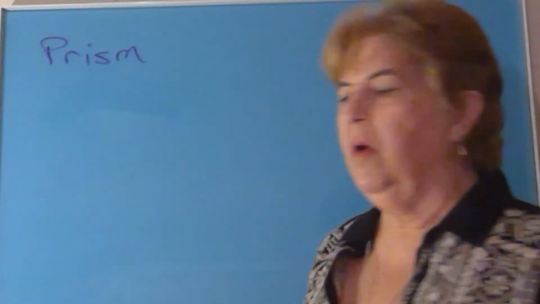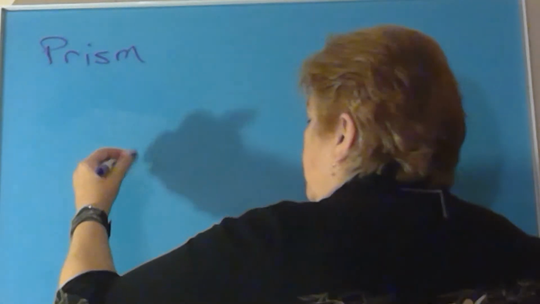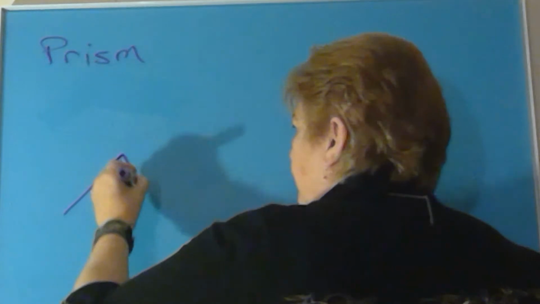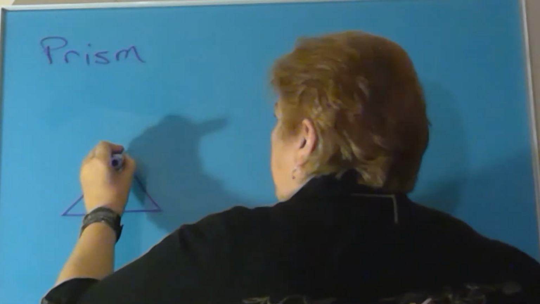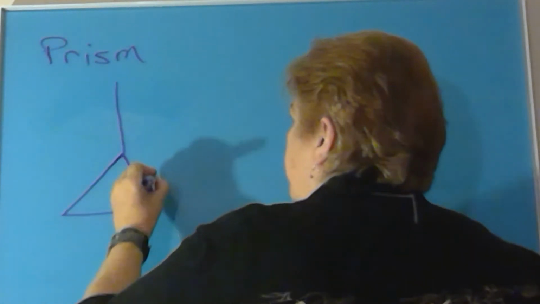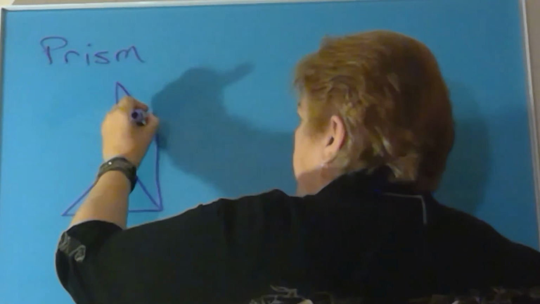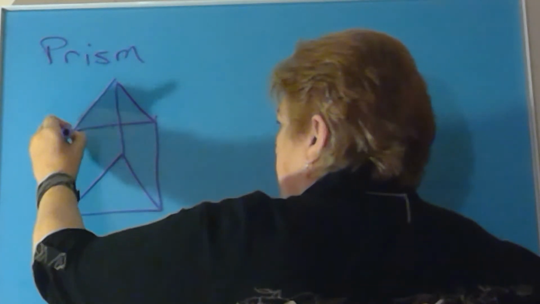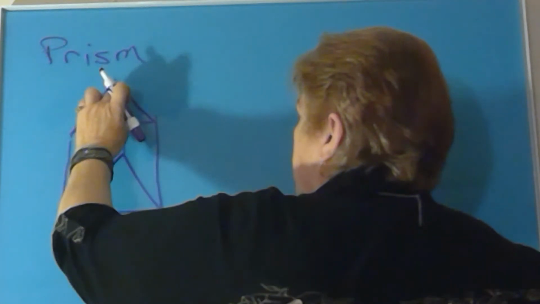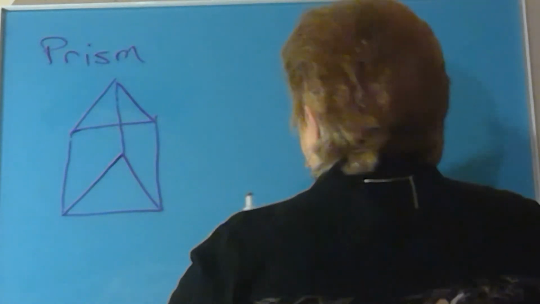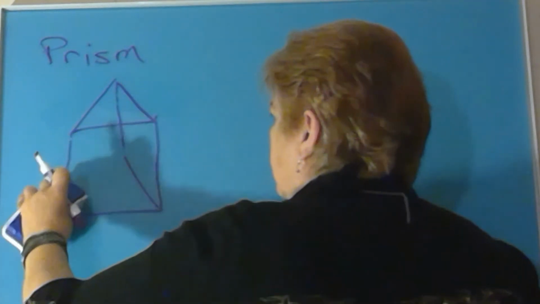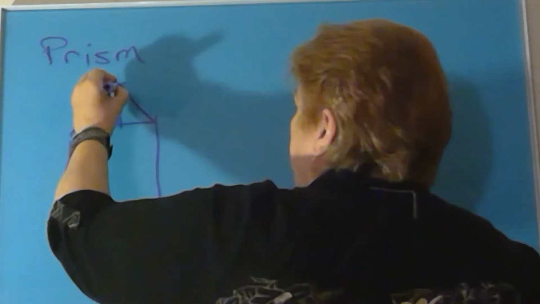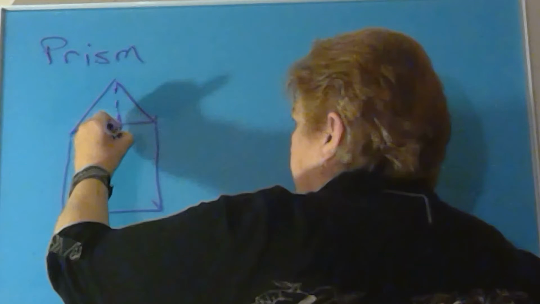We're not going to give you the real hard ones. Let's look at a triangular prism. A triangular prism has bases that are the same shape. This will look more three-dimensional if I make these dotted.